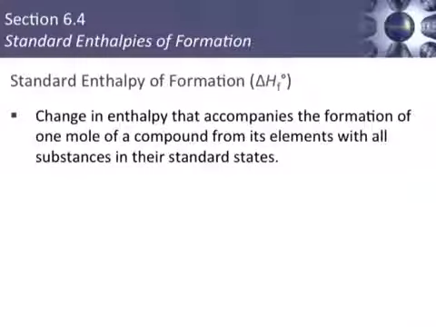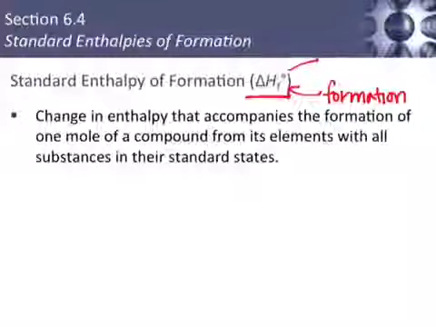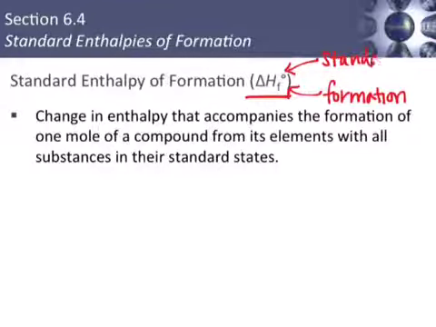So standard enthalpy of formation, and that is delta H with a lowercase sub f, f standing for formation. And then you see this knot at the top. That means that in this case it is under standard conditions.